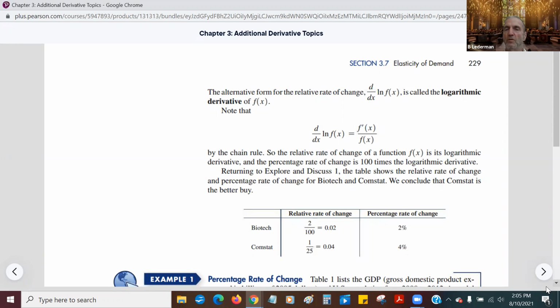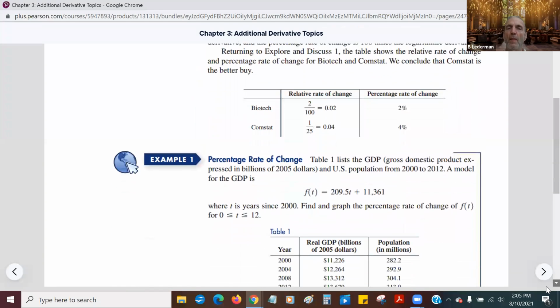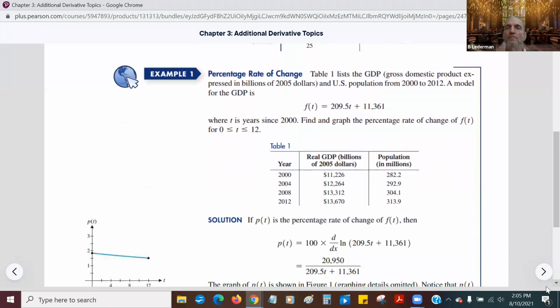Okay, so let's look at a problem here. Example 1: table 1 lists the GDP, that's gross domestic product, expressed in billions of dollars of 2005 dollars. So it's billions of dollars of what a dollar was worth in 2005, because as you know, the value of a dollar fluctuates.